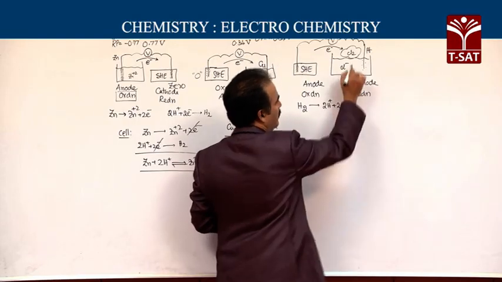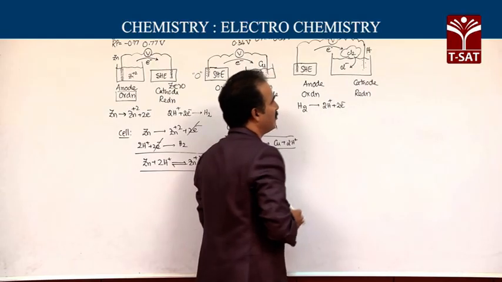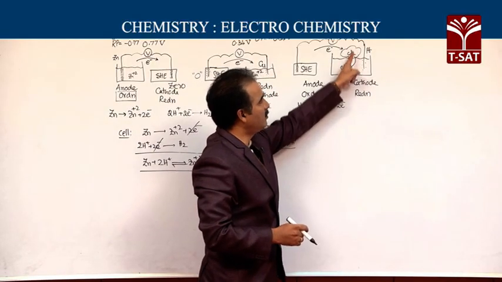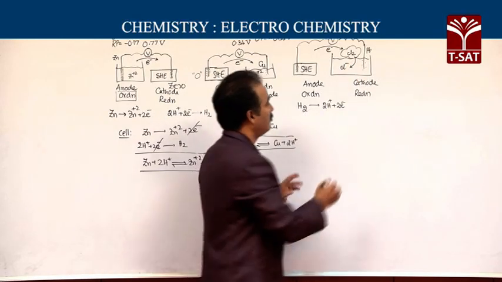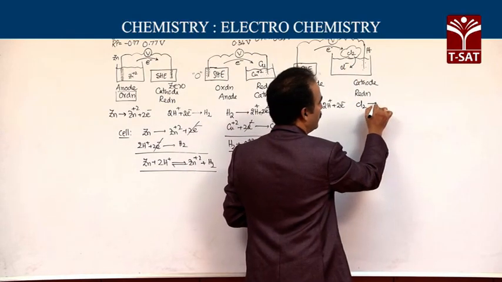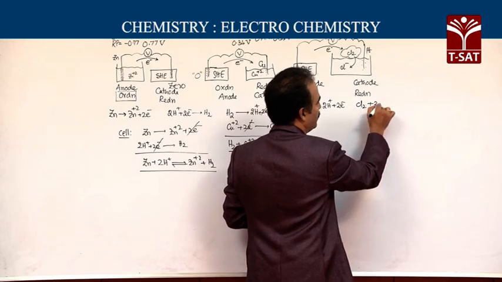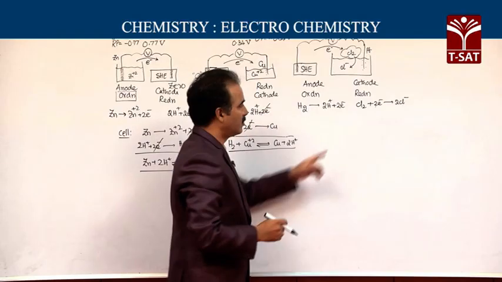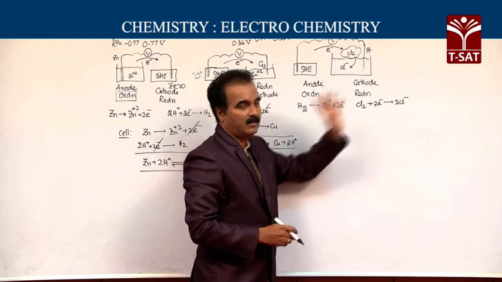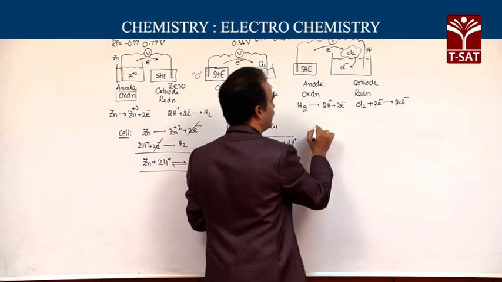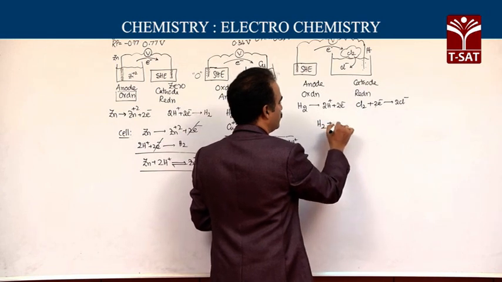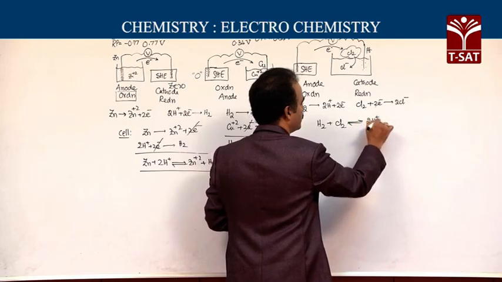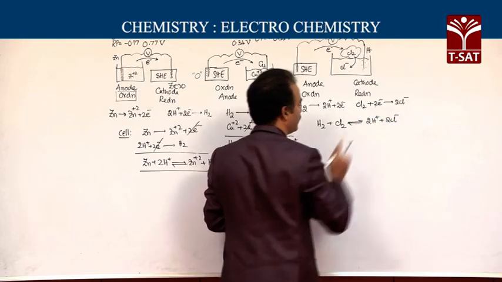Reduction means what? Is chlorine becoming chloride or chloride becoming chlorine? So, reduction means 0 should become minus, meaning chlorine gas is undergoing reduction by taking 2 electrons and will become 2Cl minus. So, chlorine is becoming chloride ion, that is reduction. So, the overall cell reaction is H2 plus Cl2 gives rise to 2H plus and 2Cl minus ions.